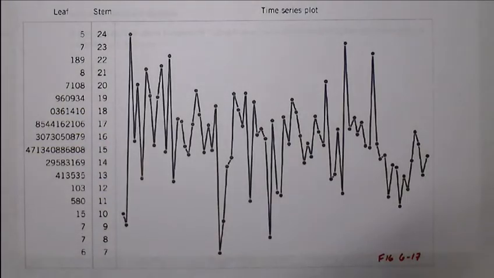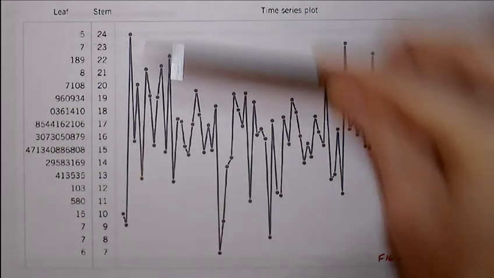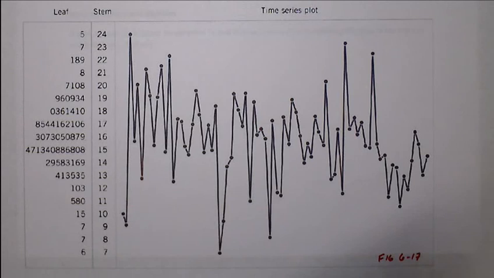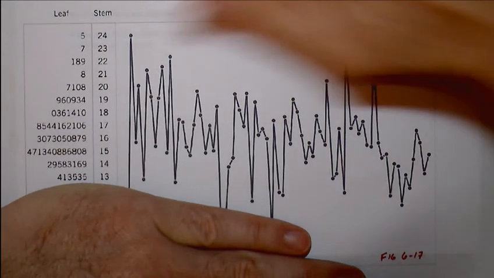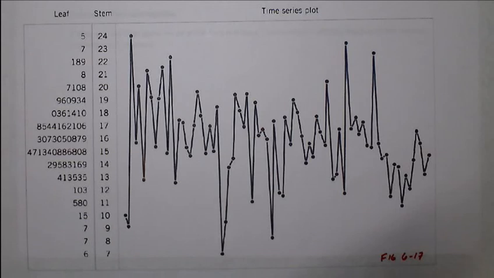So let's go back and look at the time history. Now, this particular set of data seems to have quite every once in a while some large outliers, high and low. If we got rid of those and only looked at the data that's in between, you might think that there is a general trend downwards.